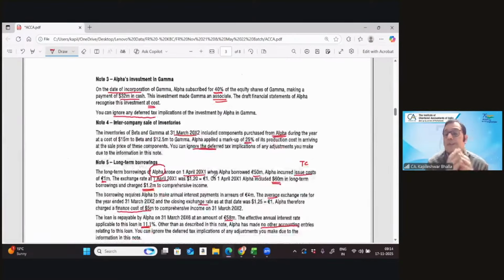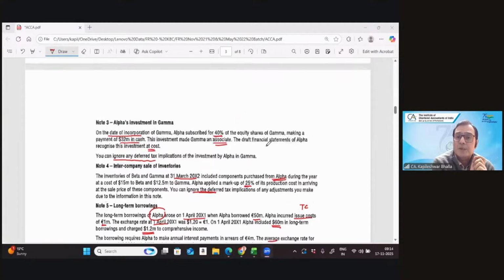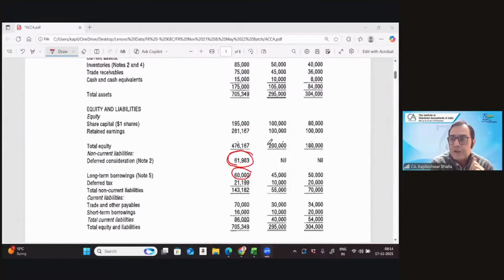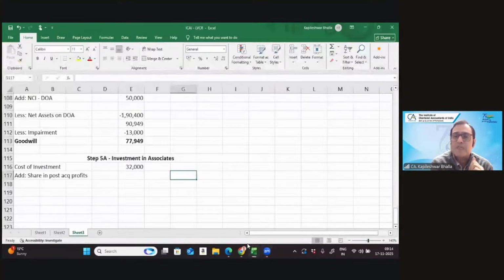Since Alpha acquired the shares in Gamma on the date of incorporation, can I safely say that all the retained earnings in the balance sheet is post-acquisition in nature? That whatever Gamma earned is supposed to be earned after the incorporation date, which is post-acquisition? Is the thought correct? And that's rightly said. That's right. So we go back to the balance sheet, pick up the RE. So the retained earnings is appearing to the extent of 1 lakh for the associate.